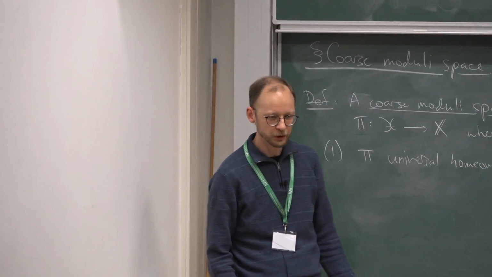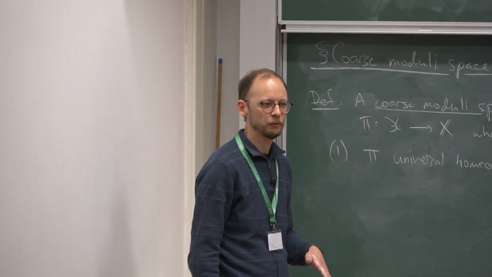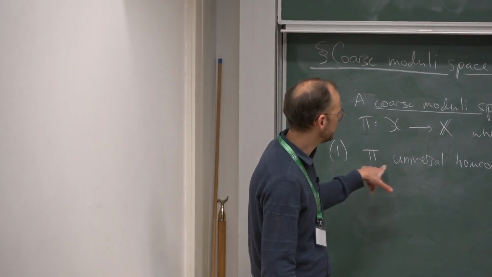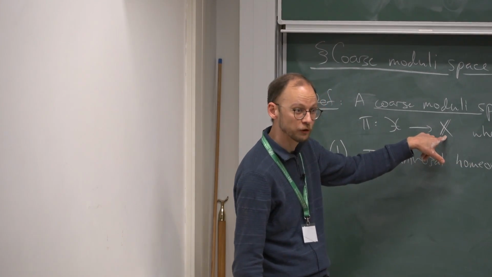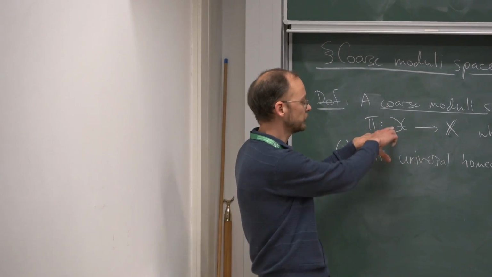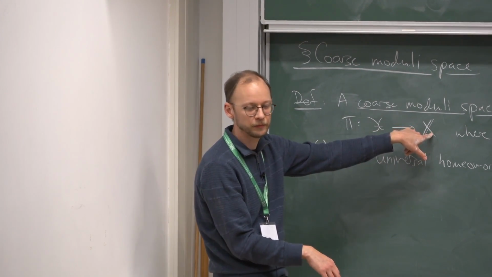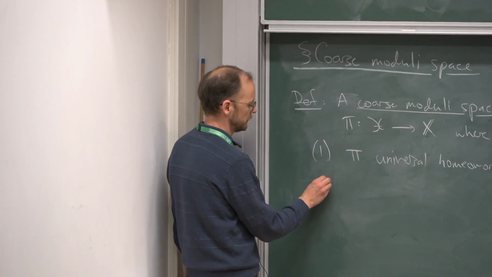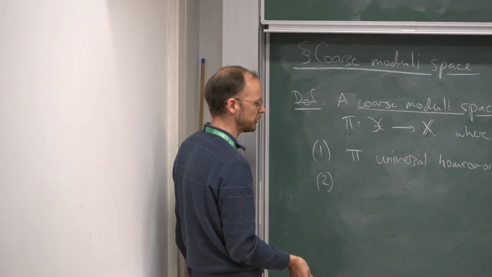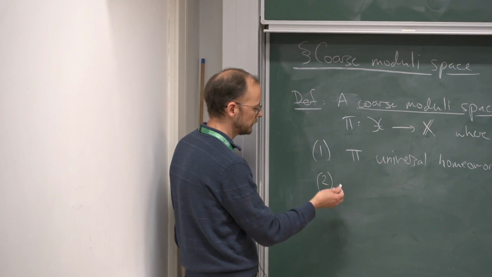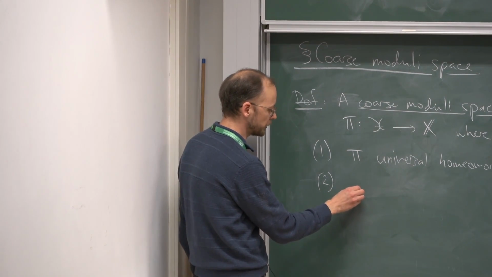So Josh talked about geometric quotients. If this is a homeomorphism, then the points of my X, if this is a quotient stack, will really be the orbits of my action. So bijective plus a little bit more, right? And then I want this to be initial.